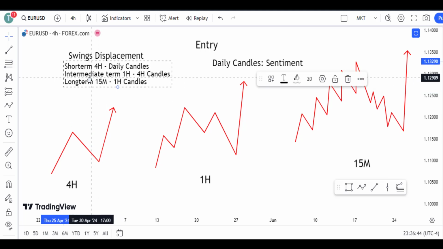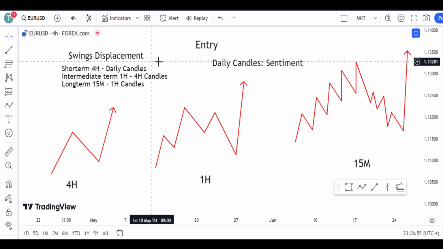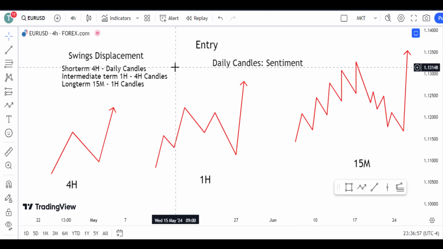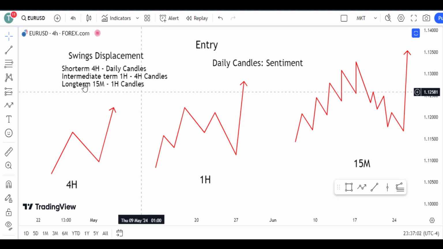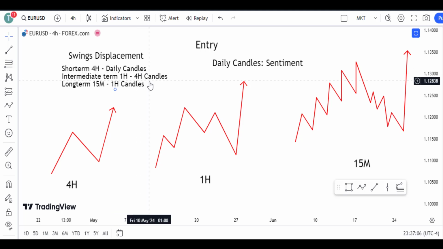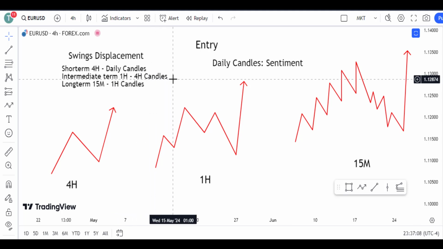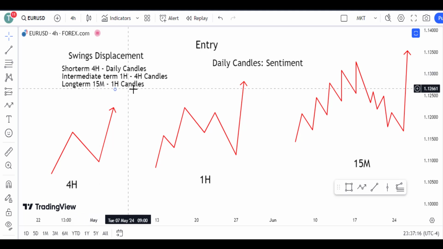So the short term highs and lows on the 4 hour is a daily candlestick, and the daily candlestick pattern is what forms the 4 hour short term highs and lows in the market, while the intermediate term 1 hour forms the 4 hour candlestick in the market, while the long term forms the 1 hour candlestick in the market.